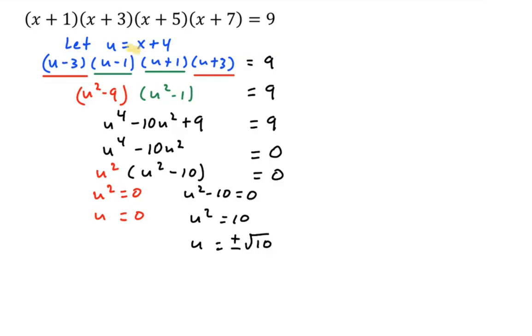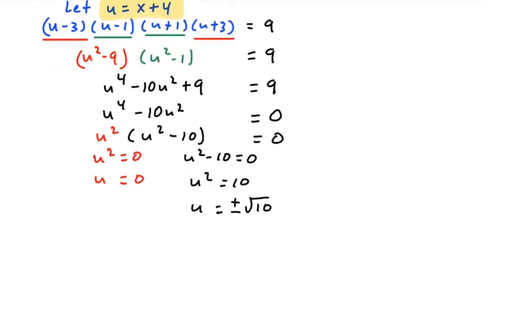Since our original problem was to solve for x, and we know that u was equal to x + 4, we'll put that back in. So u = 0 is equivalent to x + 4 = 0. Subtract 4 from both sides, we get x = -4. And for u = plus or minus root 10, we get x + 4 = plus or minus root 10.